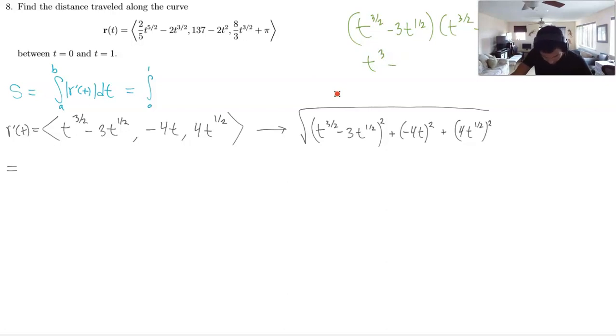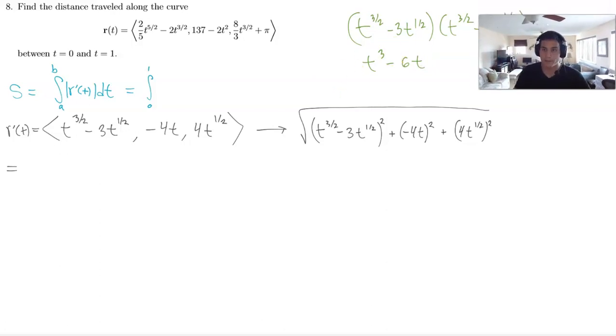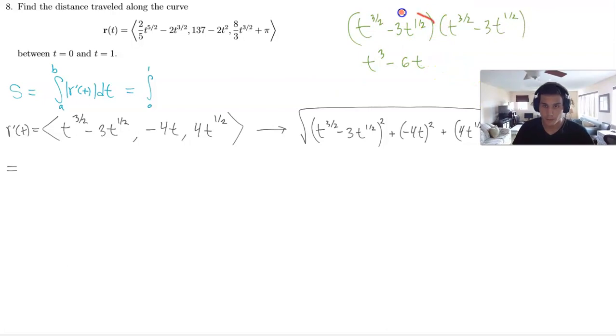Then the cross term is negative 6t, because we multiply by 2 and the exponents 1/2 plus 1/2 make 1. And lastly, we get plus 9t. So that's all I did.